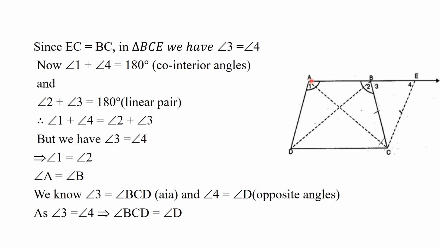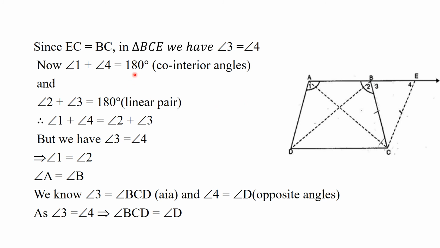Now, as AECD is a parallelogram, we can write angle 1 plus angle 4 is equal to 180 degree using co-interior angles are supplementary. Again, at the point B, we can write angle 2 plus angle 3 equal to 180 degree using the condition linear pair.